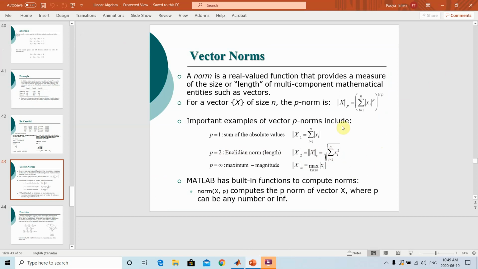We saw in Cartesian coordinate systems that this represents the length of a vector as we defined it. These other two norms can be used in other applications and problems, and might be helpful to compare different vectors. But for us, when we want to compare them, we use norm 2, the Euclidean norm.